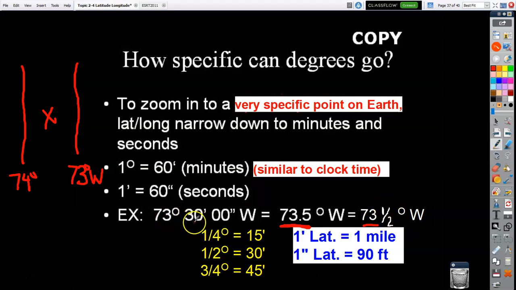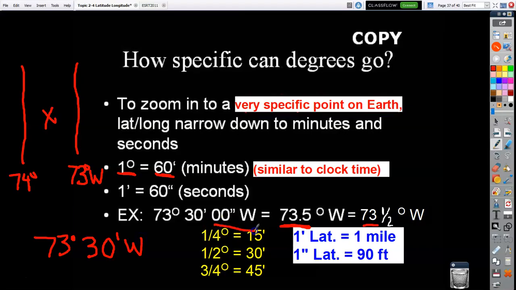Or you go into minutes. 60 minutes equals a degree. Because I'm halfway between 73 and 74, I think of half an hour, right? 60 minutes is an hour. In this case, we're using degrees, same thing. So it's going to be 73 degrees and 30 minutes west.